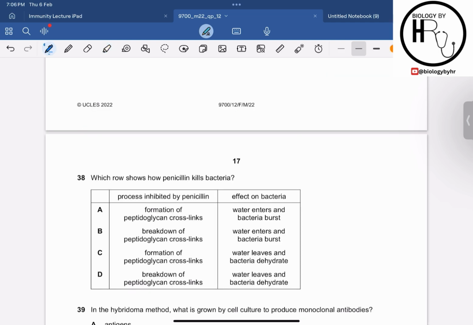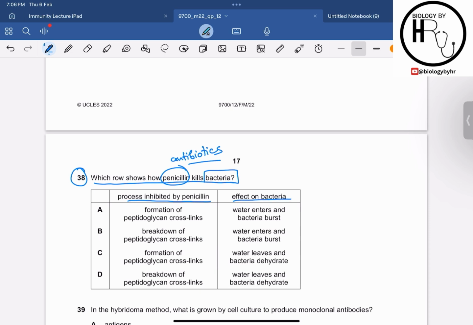Alright, so now let's move on to question 38. It says that which row shows how penicillin kills the bacteria. Penicillin is basically an antibiotic, right, and it helps in killing the bacterial cells. So basically they are saying that which row shows how penicillin kills the bacteria, the process which is inhibited by penicillin and its effect on the bacteria.